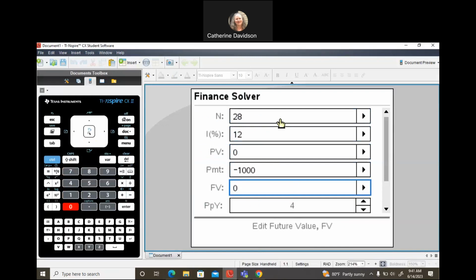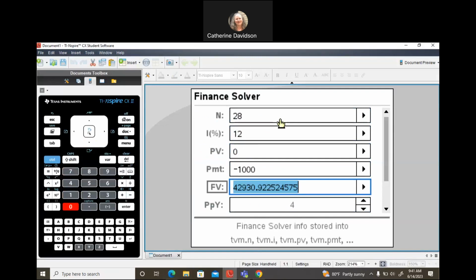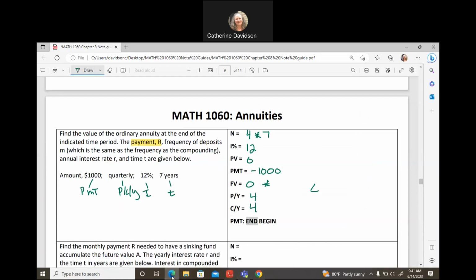And quarterly, so that's already at 4. Otherwise, arrow all the way to the left till it's not highlighted, then you can arrow up. So future value is 4293092. That's how much you'll have in the account at the end of 7 years.